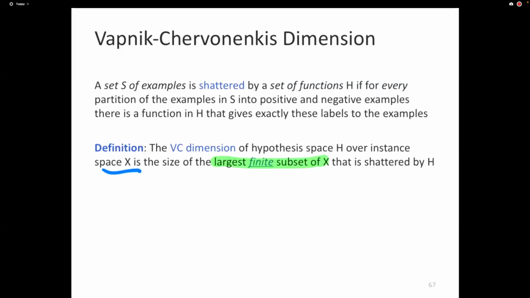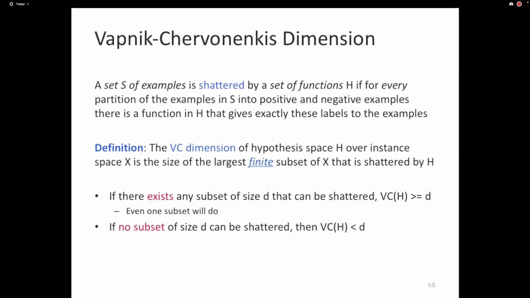So concretely, all VC dimension proofs have two parts. If there is a subset of size D that can be shattered, even one set of points, then the VC dimension is at least D. If no set of points of size D can be shattered, then the VC dimension is strictly less than D. So all VC dimension proofs have a lower bound and an upper bound.